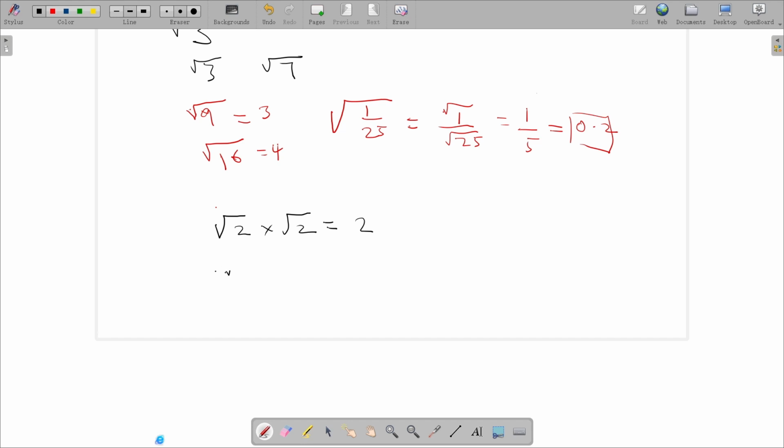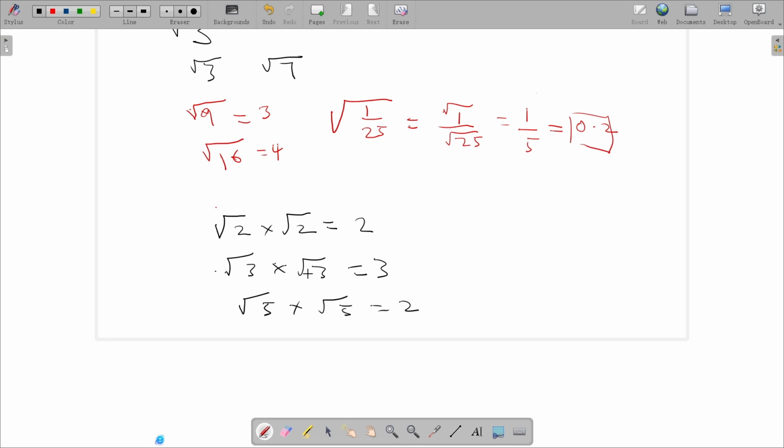Square root of 3 times square root of 3 should give you the original number 3. It's only the square root that goes away. Another example, square root of 5 times square root of 5 gives you the original number, which is 5. That's it.